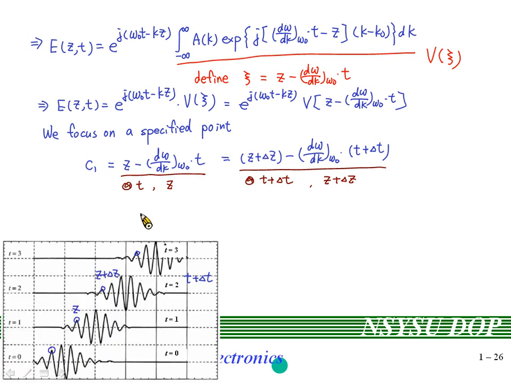And from this equation, we can derive the corresponding velocity of this pulse. We call it group velocity because it contains components of different frequencies. The group velocity can then be deduced as delta z over delta t. Okay, and from the above equation, you can know that delta z over delta t can be obtained as d omega over dk.